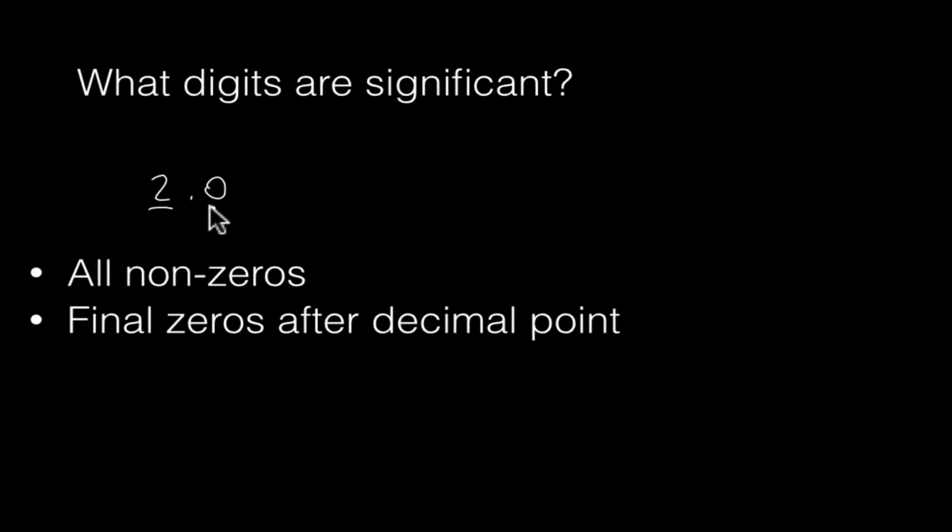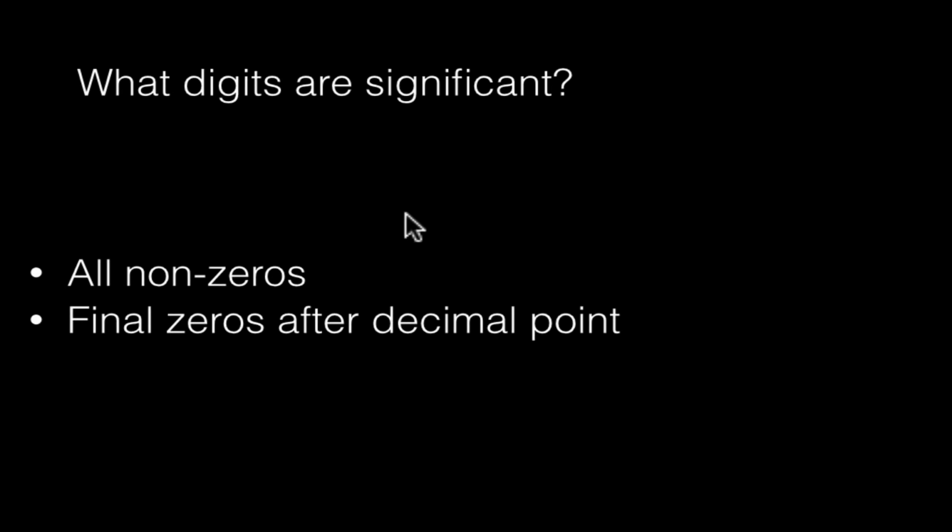We have a 0 after the decimal point, so it would also be significant. So we have 2 significant digits in that case. Another one, if we have, say, 28.40, now we have 1, 2, 3, 4, so we'd have 4 significant digits in this case.